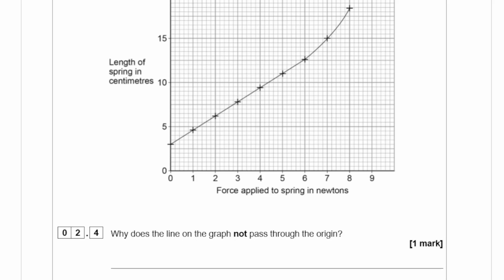That's mainly because at 0 newtons, the length of the spring is 3 centimeters. They are not calculating the extension of the spring. They're just basically measuring the length of the spring with the forces. So with 0 force, it was 3 centimeters.